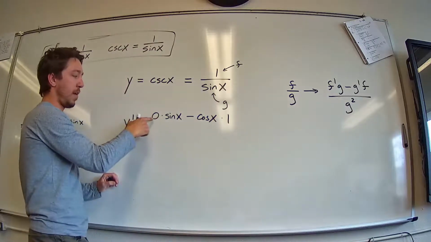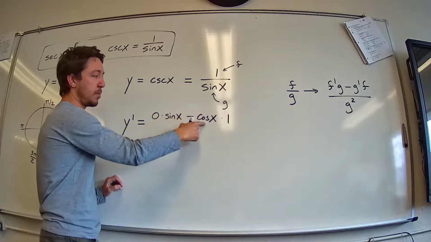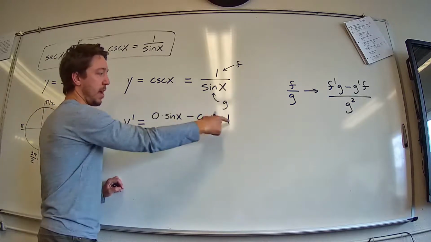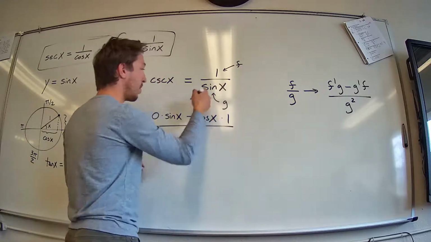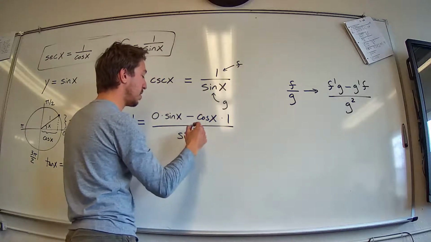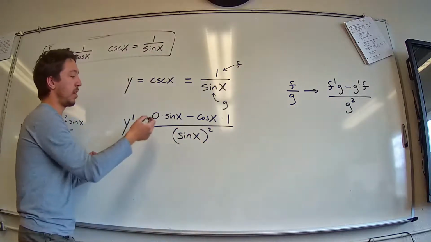This reads f prime g minus g prime f. Are we all comfortable with that? And it all is over sine of x squared.